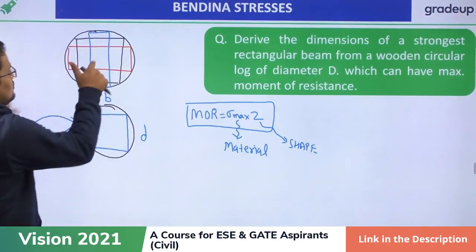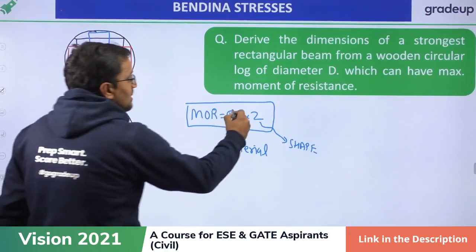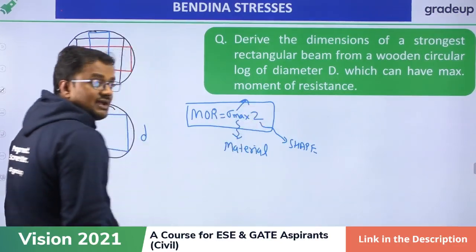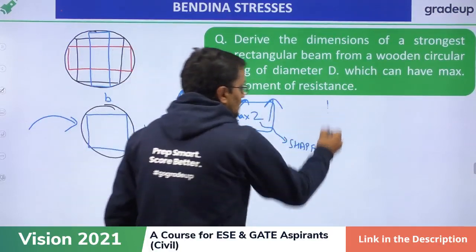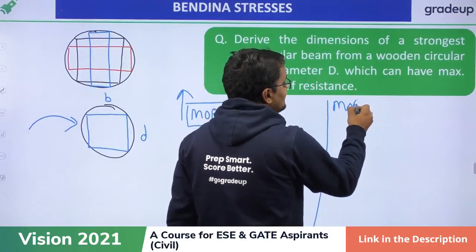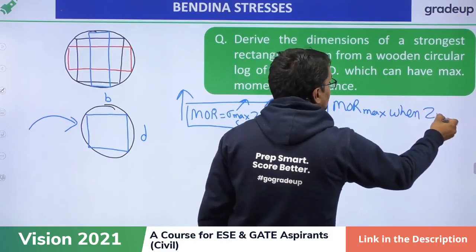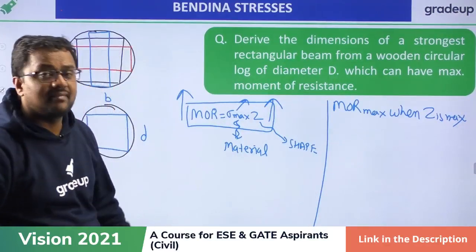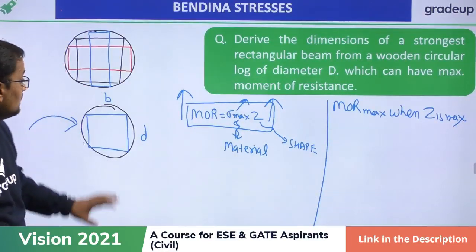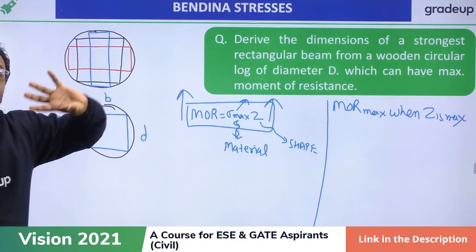So for all these, either it may be black rectangle or blue rectangle or red rectangle, sigma max is same. So moment of resistance is maximum when? When Z is maximum. Moment of resistance is maximum when Z is maximum. Why? Because sigma max will not produce any effect. Because all the rectangles, either blue, black or red, will all be of wood.